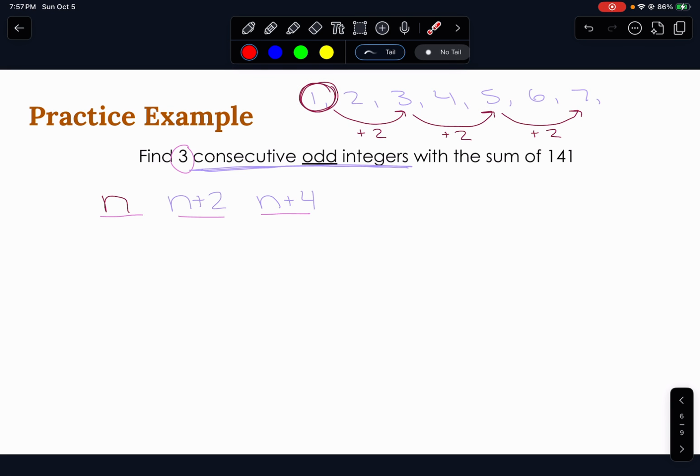All right, so yet again, now that I have it set up, I can write out my equation. So I want to find the 3 consecutive odd integers with the sum of 141. See, again, sum just means we're going to be adding these and then setting it equal to 141 and solving. So I'm going to rewrite that down here. N plus 2 plus n plus 4 will equal 141.